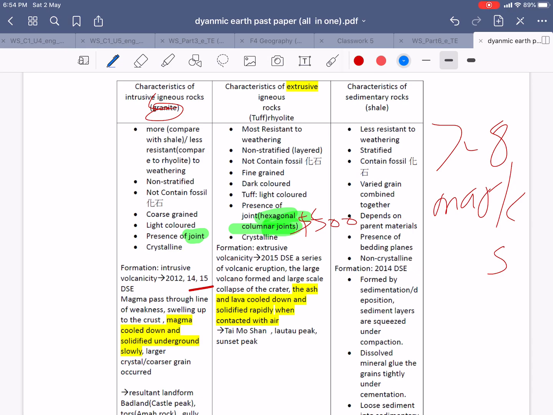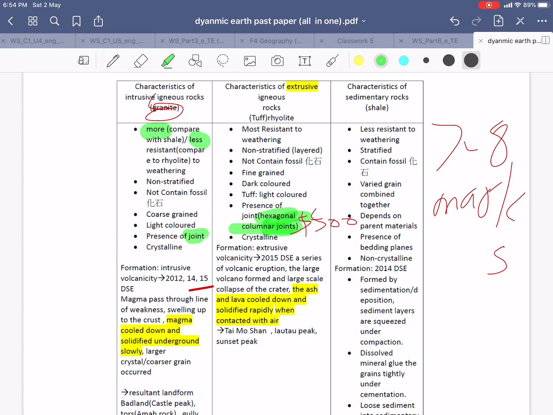Okay, but when compared with sedimentary rocks such as shale, it is more resistant, because we used it as a construction material in colonial Hong Kong, just like the Court of Final Appeal, which is made of granite. But right now we seldom use it because it's not quite durable. Okay, it's quite durable, but not very durable.